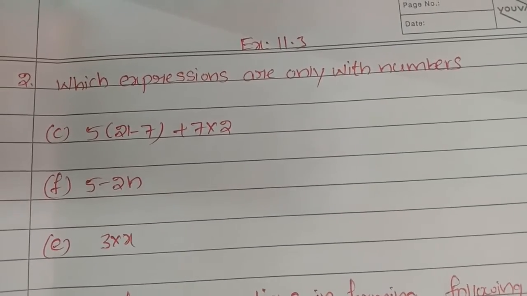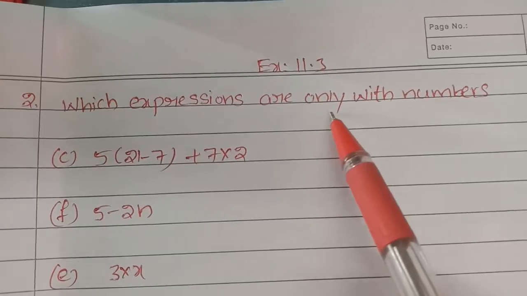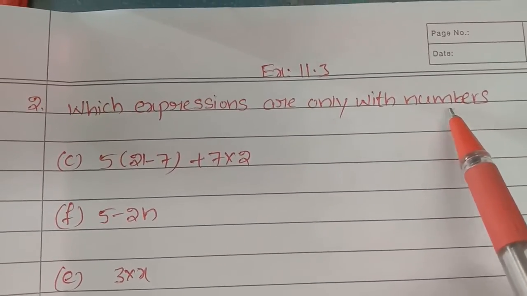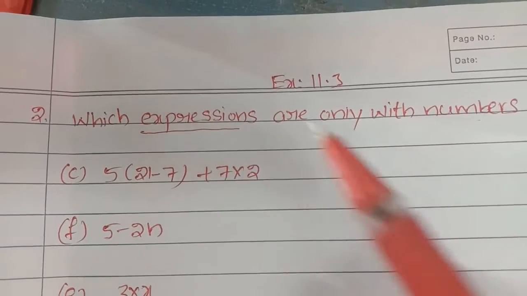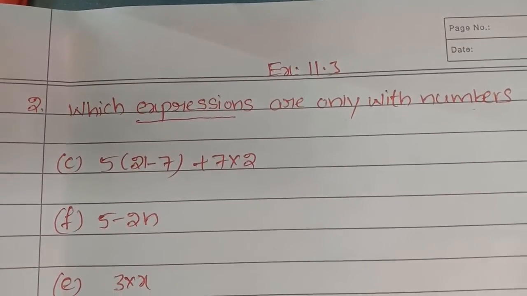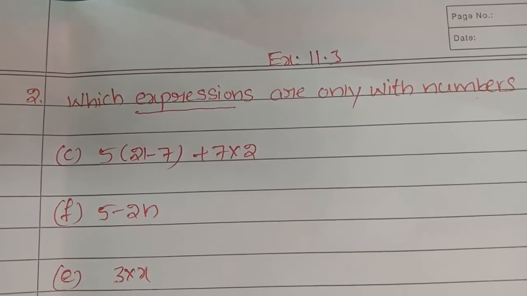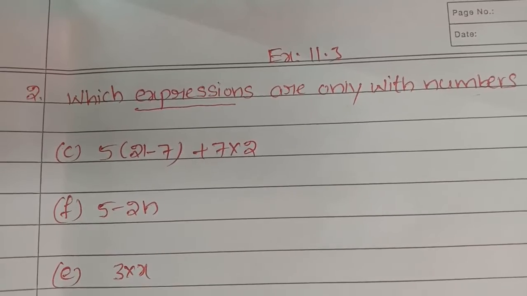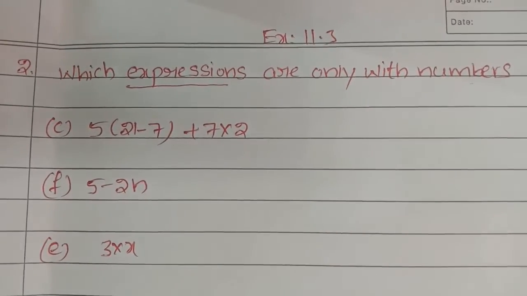Children, let's see from exercise 11.3 second bit. Which expressions are only with numbers? Children, I told you already, the word expression is nothing but a collection of terms which contains constants, variables, I mean numbers and alphabets along with operations.